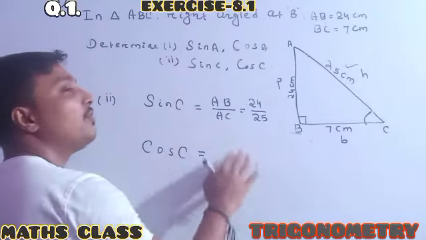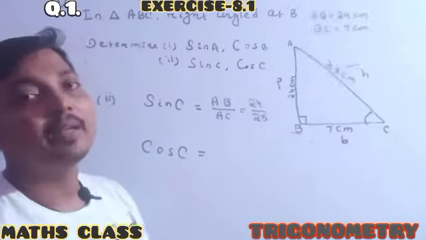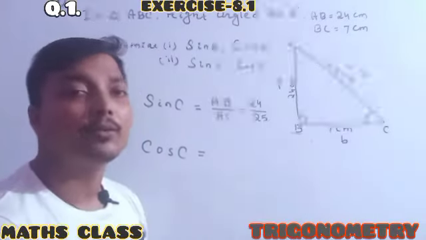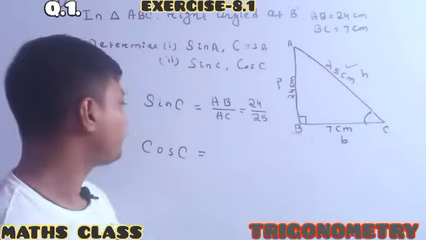As it is a ratio and everyone knows a ratio has no units, you only write 24 divided by 25 without any unit.